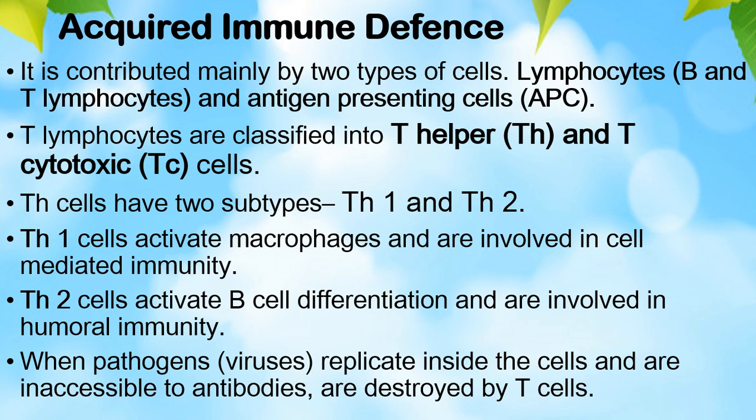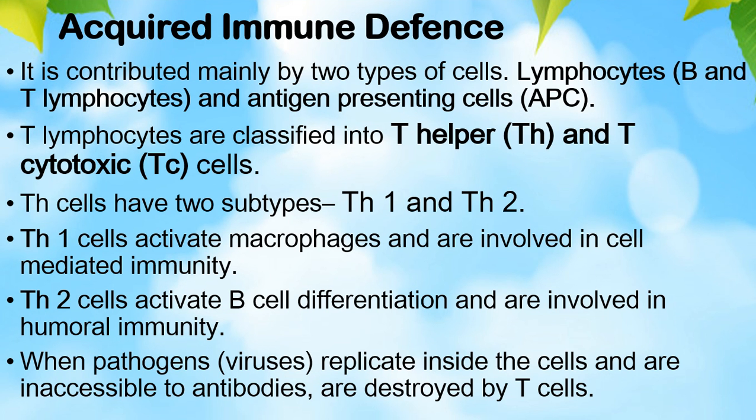Next we can see what is acquired immune defense. It is contributed mainly by two types of cells: lymphocytes, that is B and T lymphocytes, and antigen presenting cells, that is APCs. The T lymphocytes are classified again into T helper and T cytotoxic cells. The helper cells have two subtypes, T helper 1 and T helper 2.